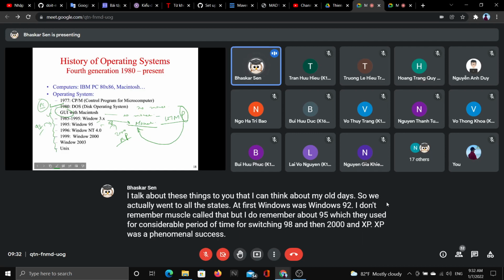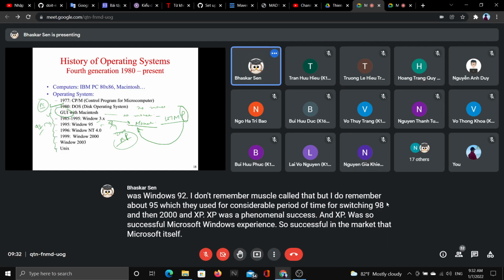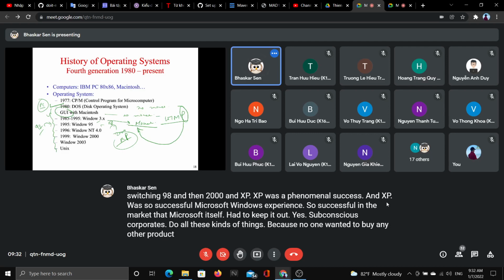Microsoft Windows XP was so successful in the market that Microsoft itself had to kick it out. Yes, sometimes the corporates do these kinds of things, because no one wanted to buy any other product from Microsoft, the upgraded version. They all wanted to stick to XP.